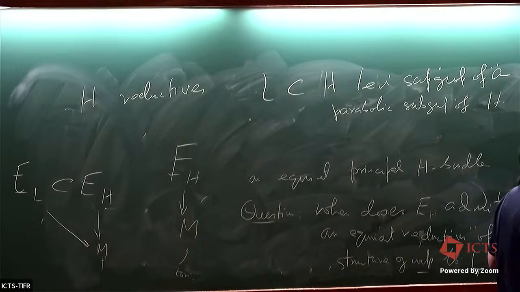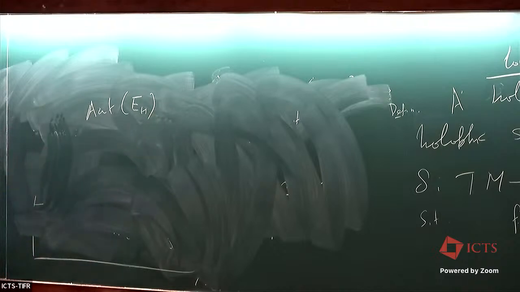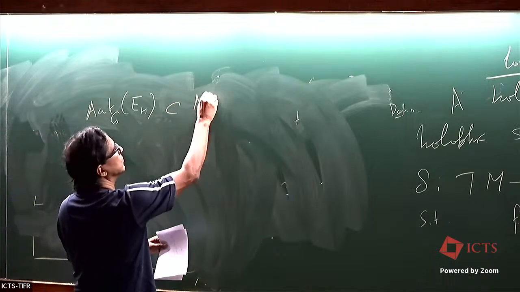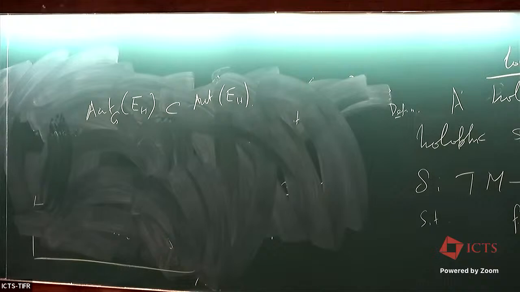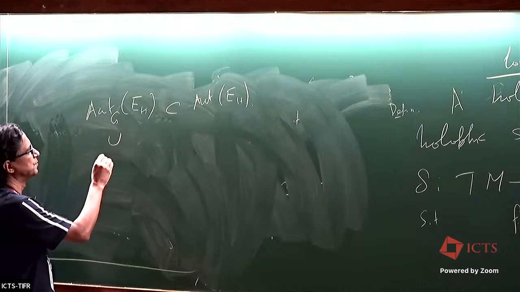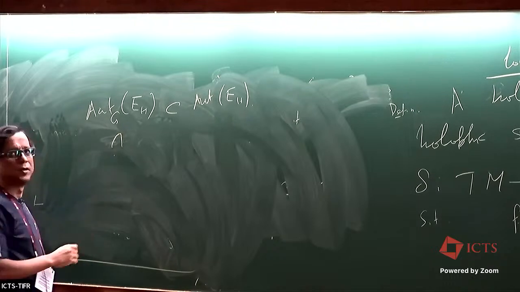Now consider first the holomorphic automorphisms of E_H, the principal bundle, over the identity map of M. And then you consider all automorphisms which commute with the action of G. So now this has a map to H, contained in H, not canonically, but up to conjugation.